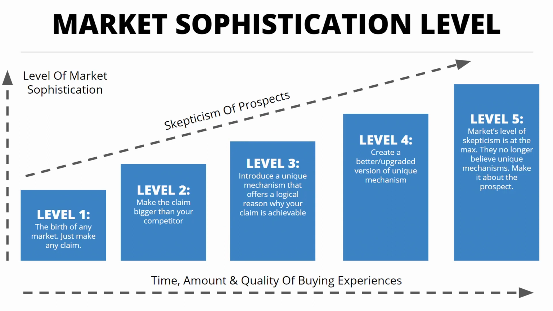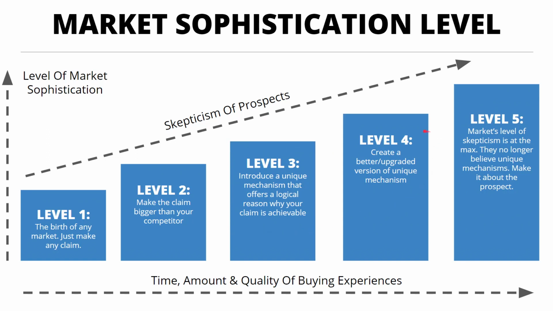Now let's take the opposite scenario. Let's assume that your marketplace is at level number 3. Well, does that mean that if you create a level 4 marketing message it's not going to work? No, it will work. Because just because the marketplace is at level number 3, where they are accepting unique mechanisms, they still believe unique mechanisms.